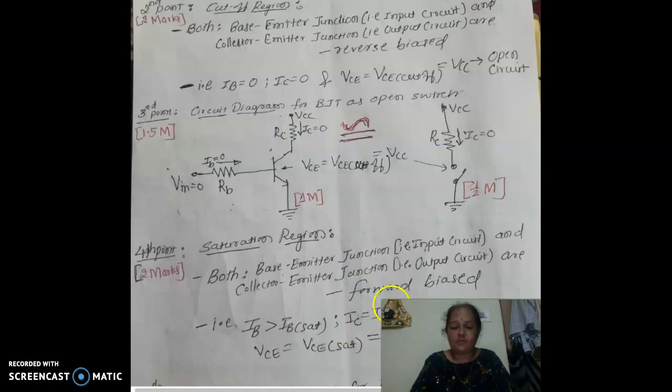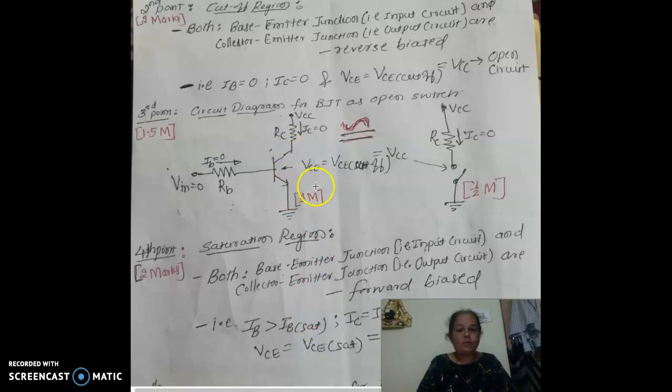Sufficient IC flows. If the IC current flows here, then the voltage is going to drop across RC. So there is no voltage drop between these two points, the collector and emitter points. Current flows from VCC to ground, so this is like a short circuit. The drop across this is 0, only then it will be shorted.